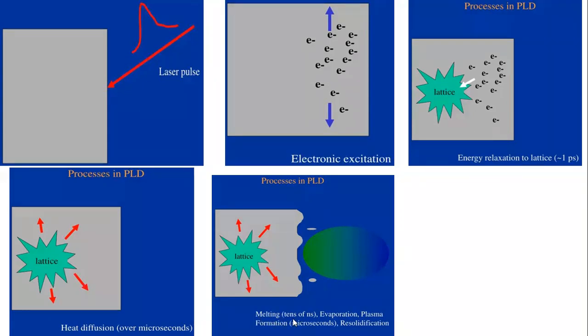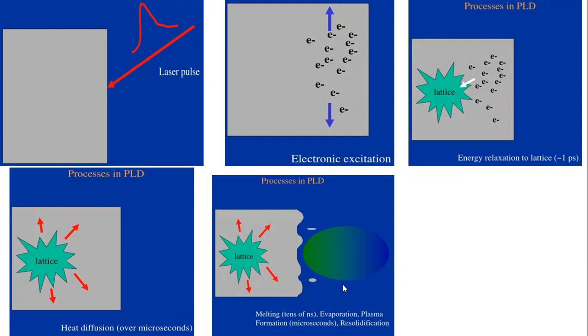Here, look at this: melting of the atoms of the targeted material. A small amount of melting is formed because heat is generated due to the laser and target material interaction, and plasma is created. Melting takes tens of nanoseconds, and evaporation is formed.